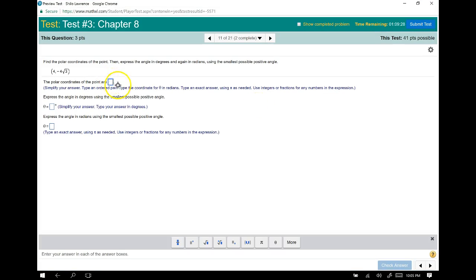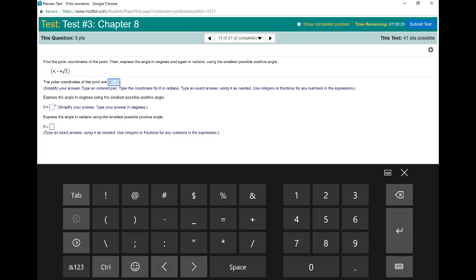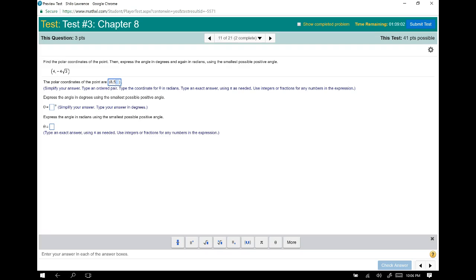It says, what are the polar coordinates? So that's writing it as a point. So we know the R value is 8. Always look at the blue instructions down here. It says simplify your answer, type an ordered pair, type the coordinate for theta in radians. So here, they want theta in radians. So they want the 5 pi over 3 up here.